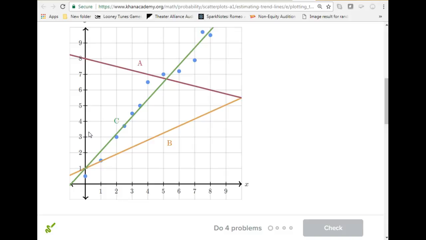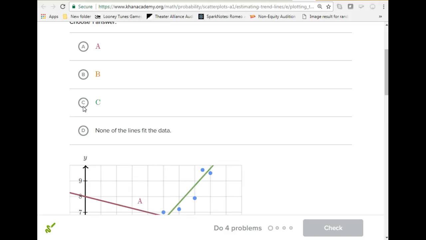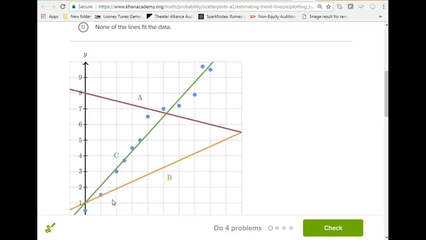So, pause the video if you need a little bit more time, but I'm pretty sure you don't need it because this is kind of obvious, but none. So, C fits the data because it's very much clustered to C, basically. It's not perfect, but it's not meant to be perfect because this data is not in a straight line.